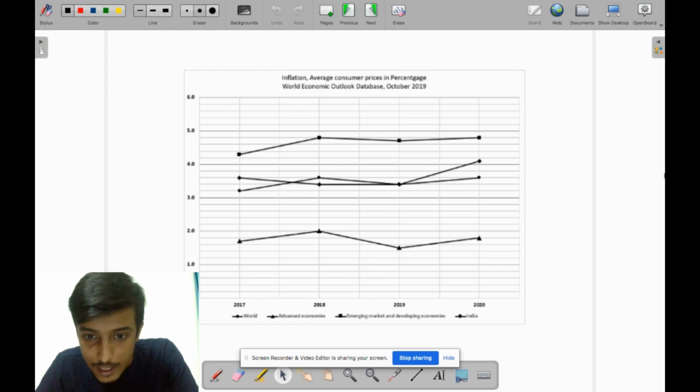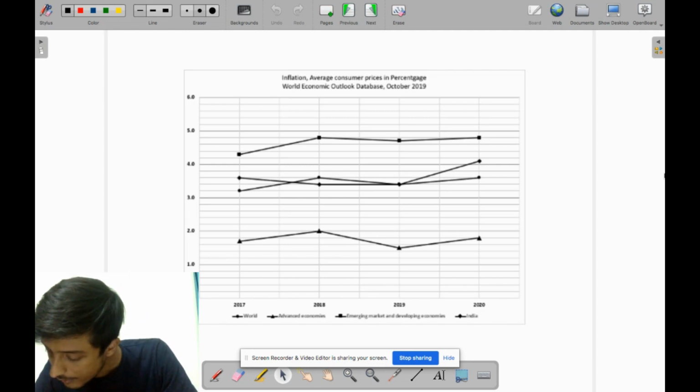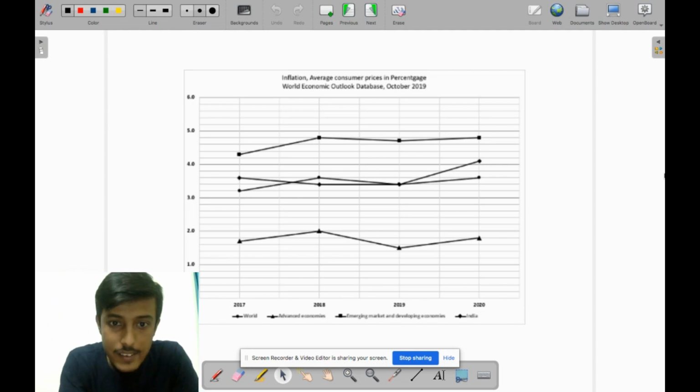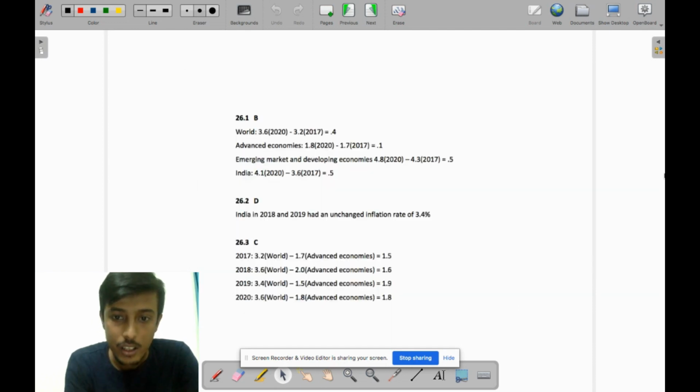And the India line from 2018 to 2019 had no movement at all. So it's asking had no change. You can clearly see the India line had no change. It had no movement from 2018 to 2019. So your answer will be D, because the rate of inflation stayed at 3.4.